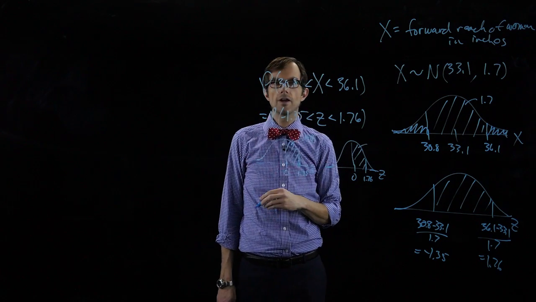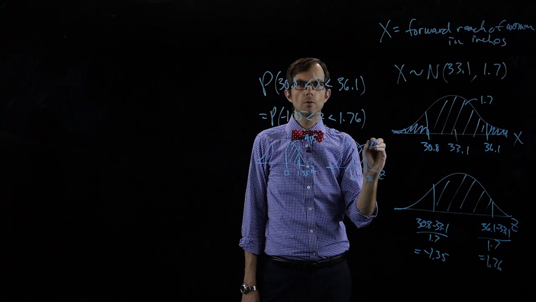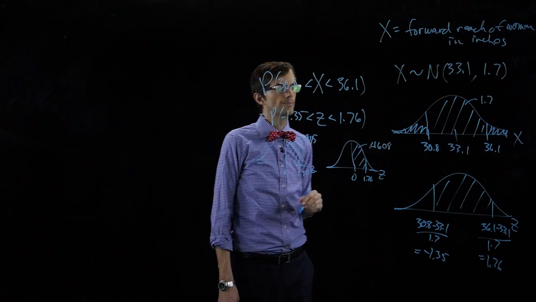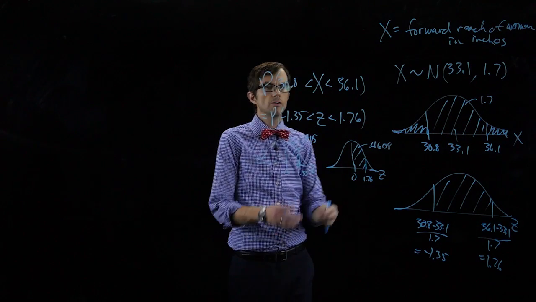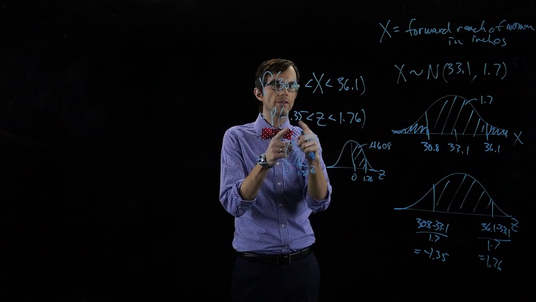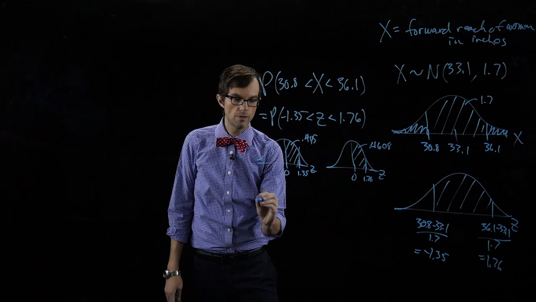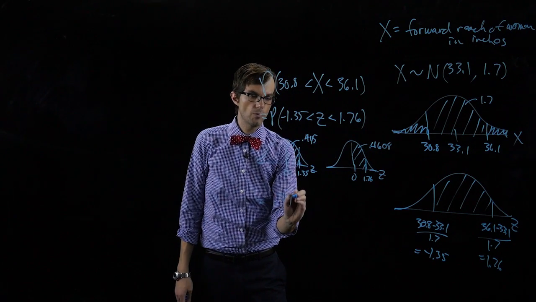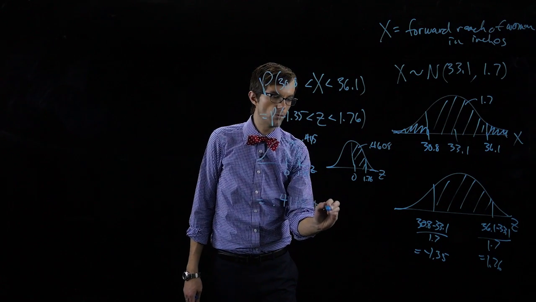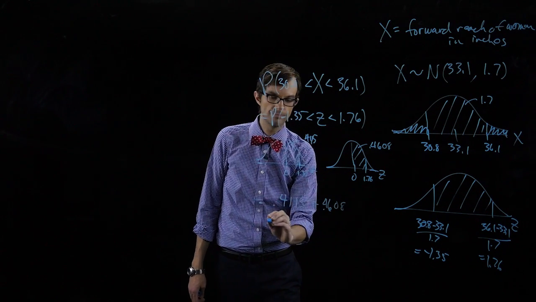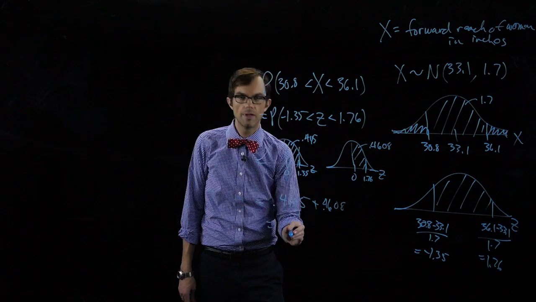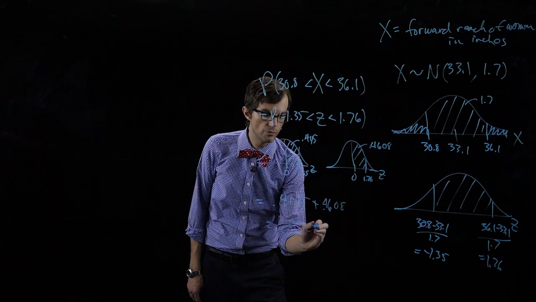This area is 0.4608. So the area in between these two values is the sum of these two. That is 0.4115 plus 0.4608. That sum is 0.8723.